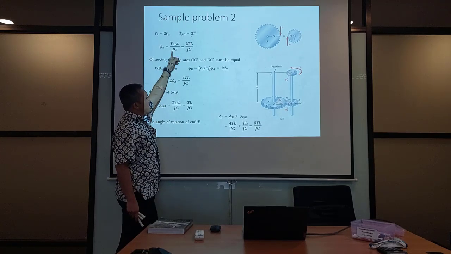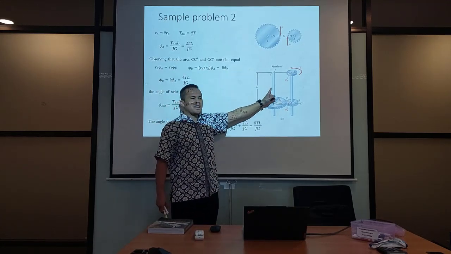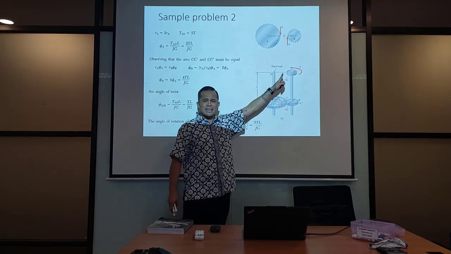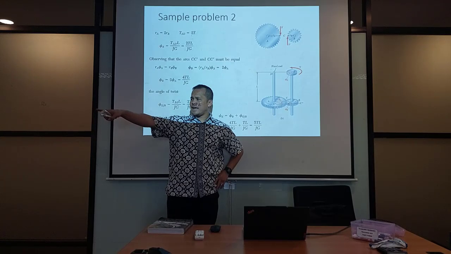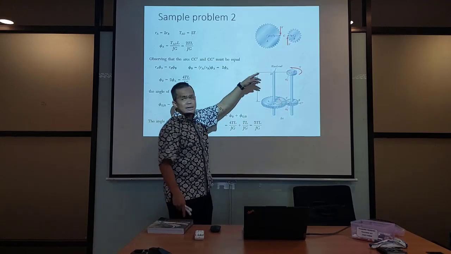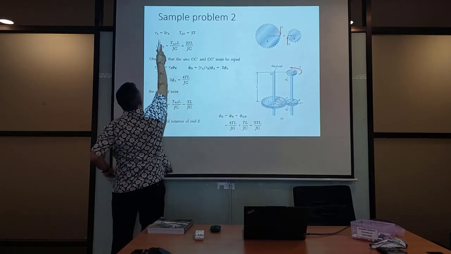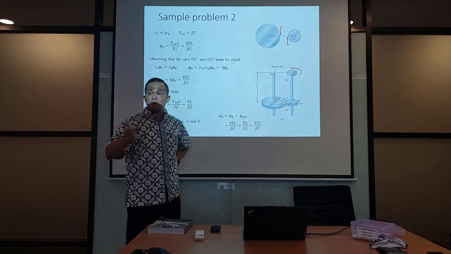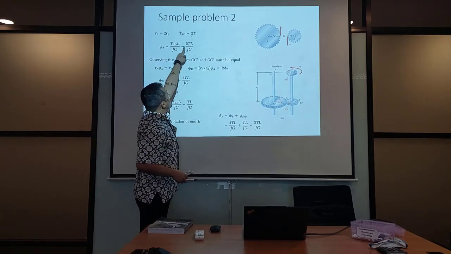And then how can you find the torque of shaft DA from BE? By that relationship, TA equals RA over RB times TB, and you found that RA is twice as big as RB, therefore the torque is also twice as big. T_AD equals 2T.